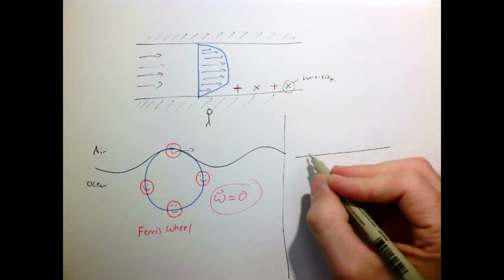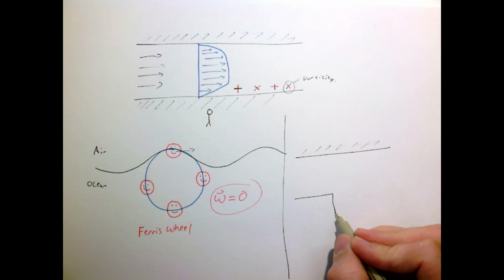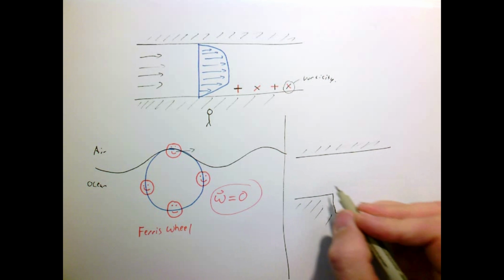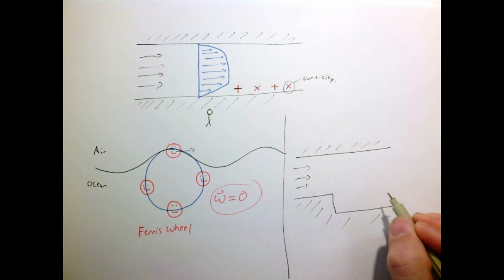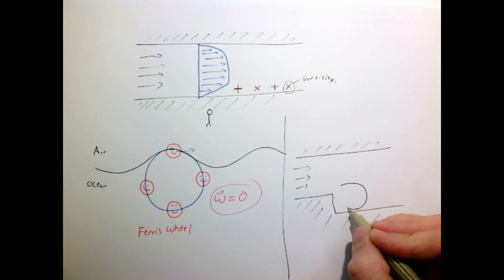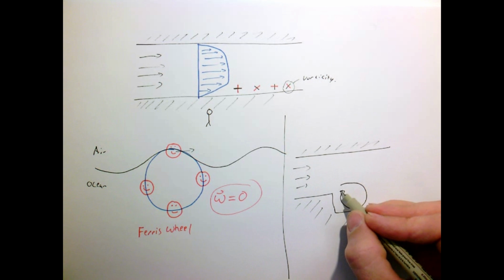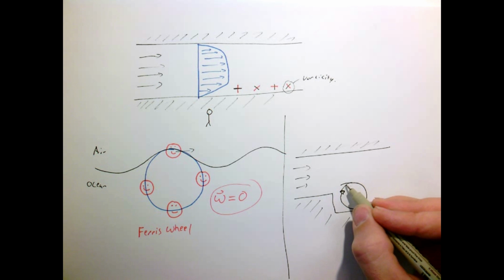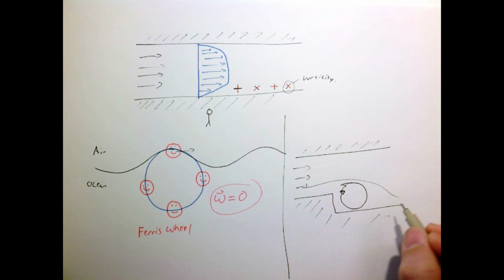Now, in another instance, we might have something like the following. So let's imagine we have a channel, sort of a step in it, and flow going this way. We've seen in previous examples that this flow has a lot of recirculation. So there's sort of some swirl or some streamlines that might look like closed circles swirling around here, right around the bottom part of this step.